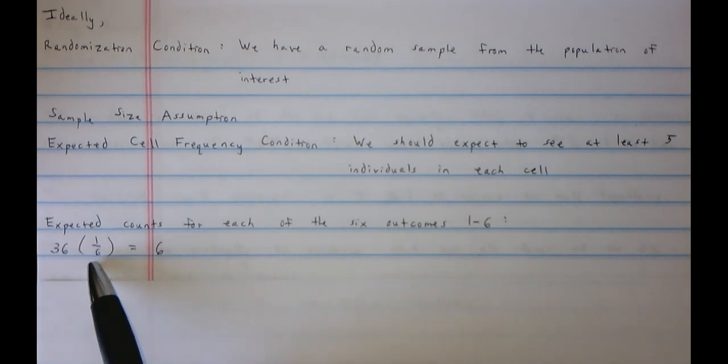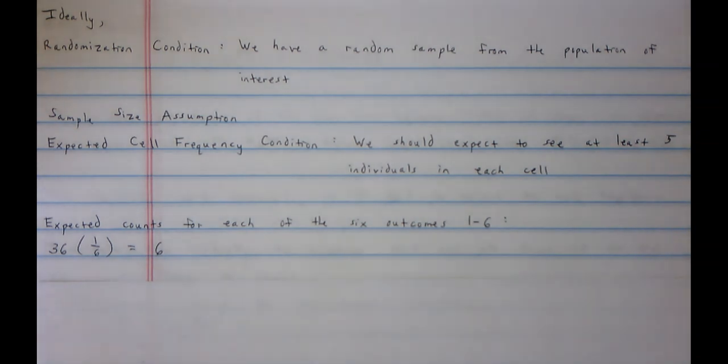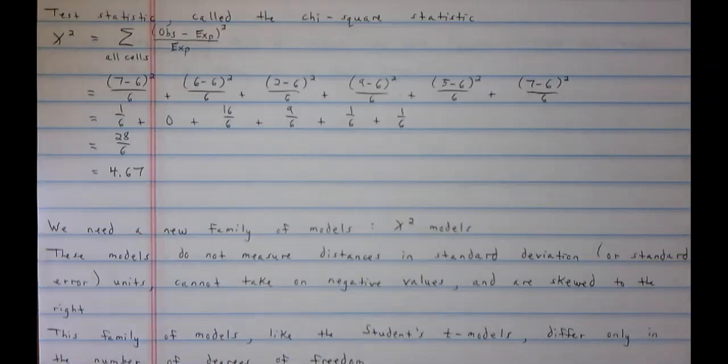The likelihood of each outcome is 1/6, so we would expect 6 of each outcome. And that's certainly at least 5. I should point out the expected counts don't have to be whole numbers. Oftentimes they're decimals. It just worked out that they were whole numbers in this case because we did a sample of 36.